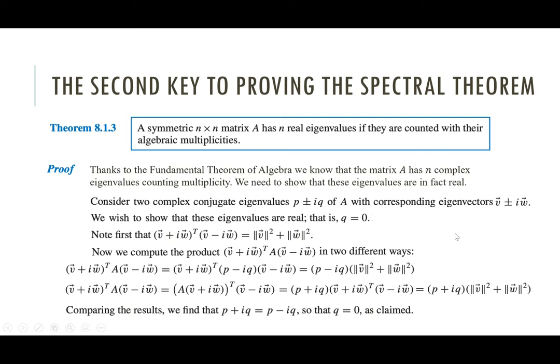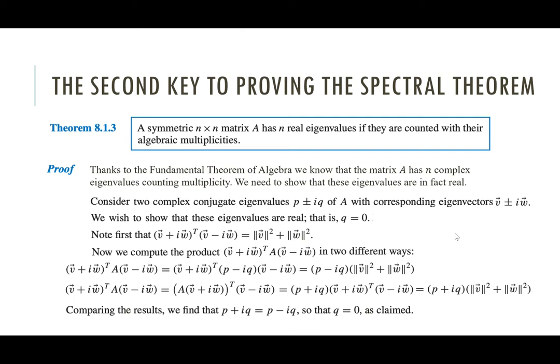So, all right, we're almost there. We've got that for symmetric matrices, their eigenspaces are orthogonal to each other. They have n real eigenvalues. Now, what we need to show is that every single eigenvalue has geometric multiplicity equal to algebraic multiplicity.